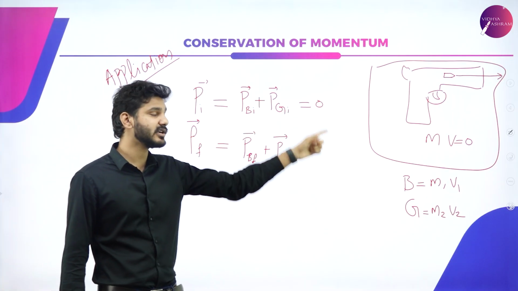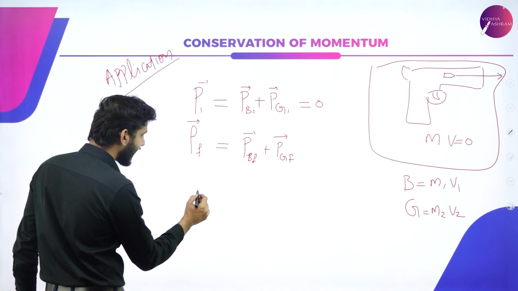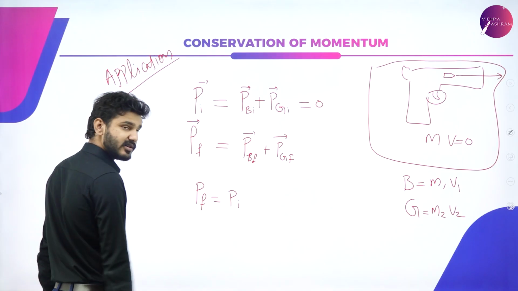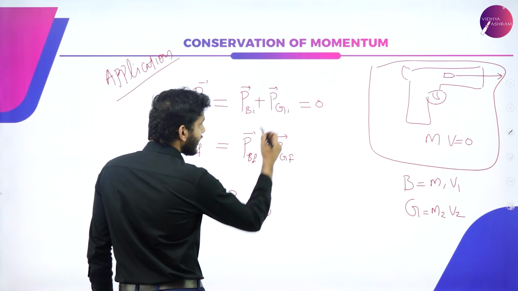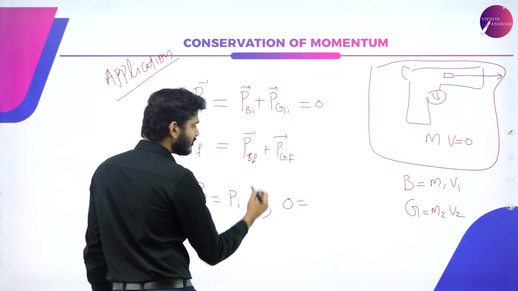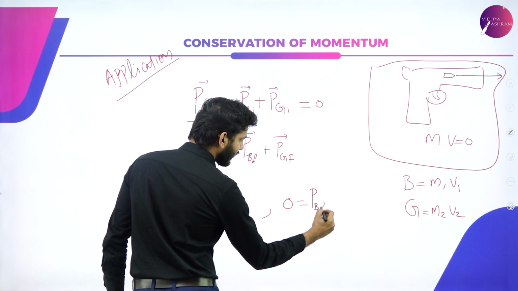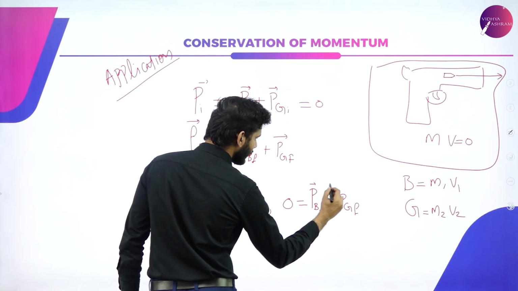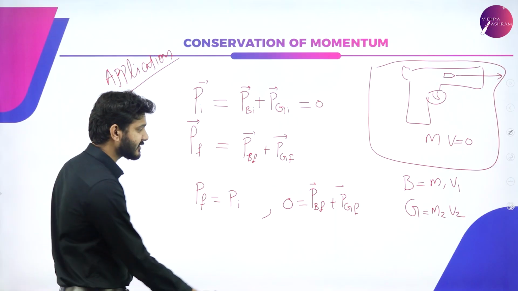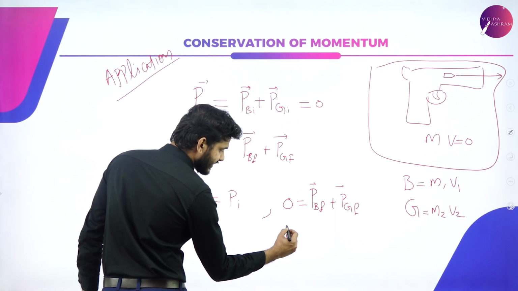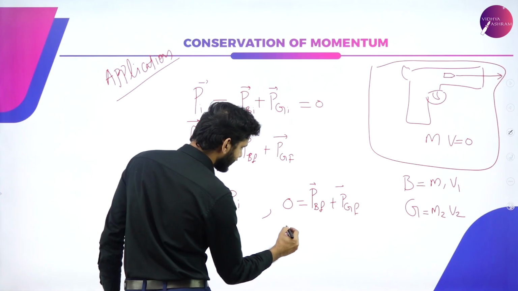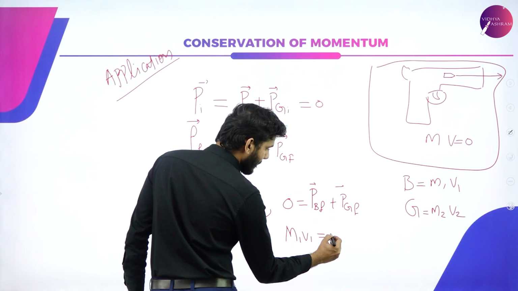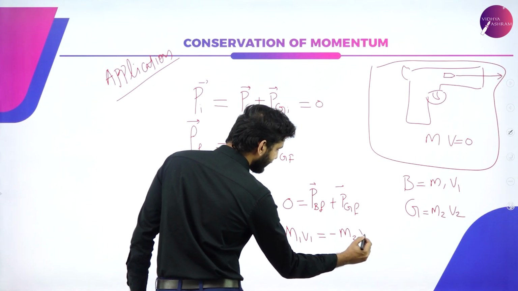Before, we know the momentum is 0. So momentum before should be equal to momentum after, which means 0 equals PBF plus PGF. Or we can say m1 v1 should be equal to minus m2 v2.